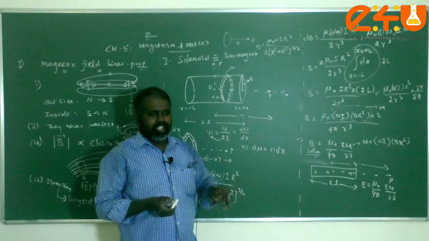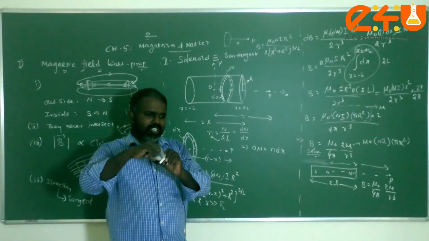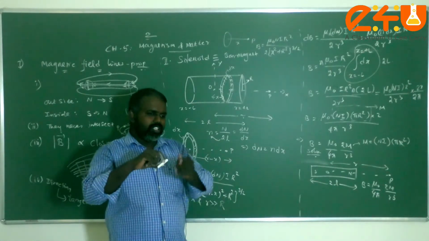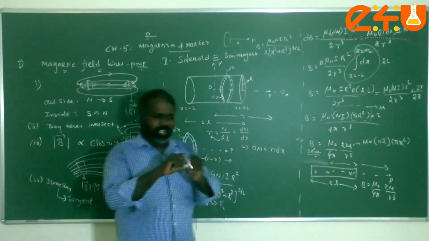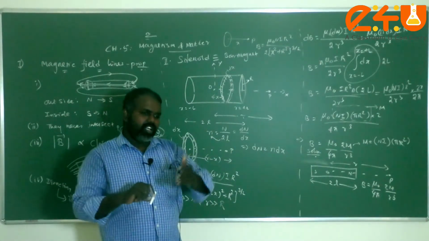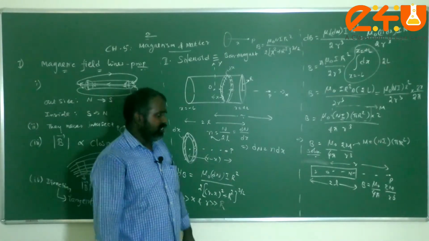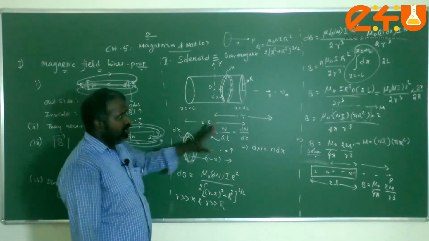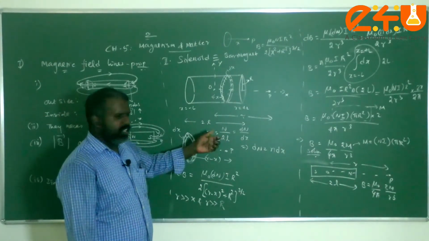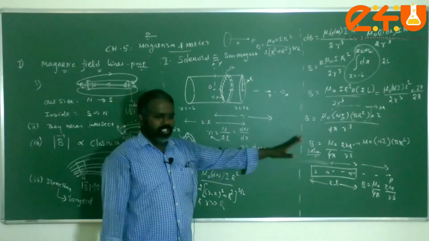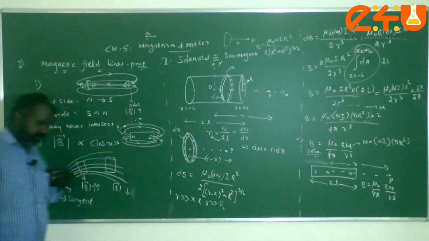Similarly, whenever a current carrying solenoid is freely suspended and current is passing through it, since it behaves like a bar magnet, the solenoid also will turn and align in the geographic north south direction, students. So this is a very important derivation. It may be asked as a 3 mark or 5 mark question, but from the MCQ point of view, just keep the result in mind. Please note down the theory, students.